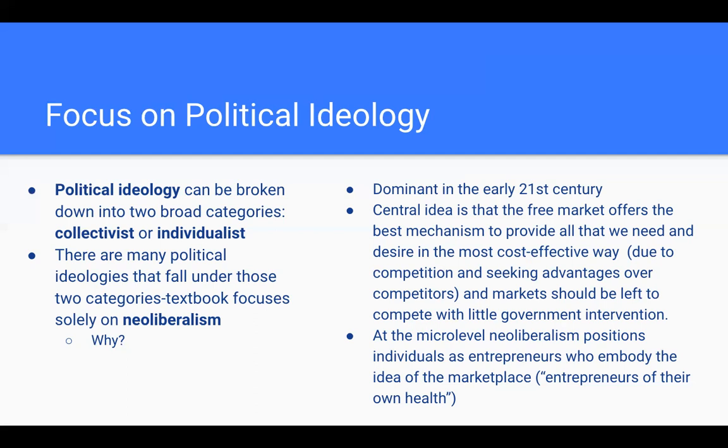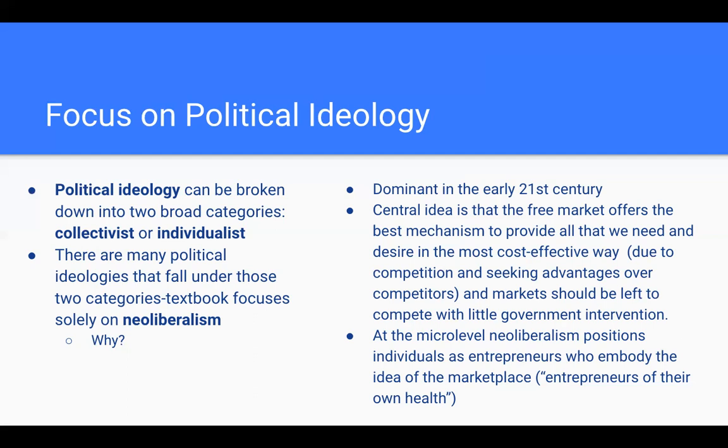And so in this way, if there is little government intervention, by the magic of the market, we will supposedly wind up with better goods, better products, and better services. And that's how it's thought of at the macro level.